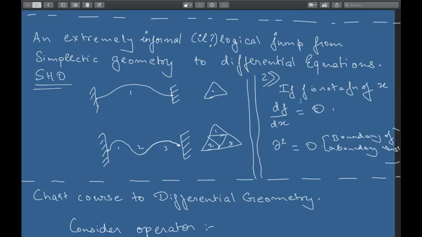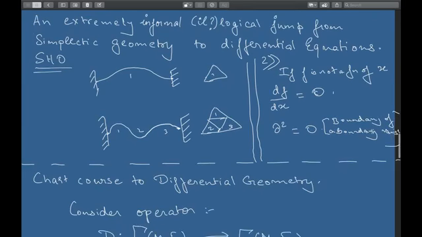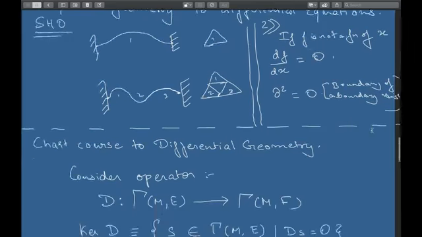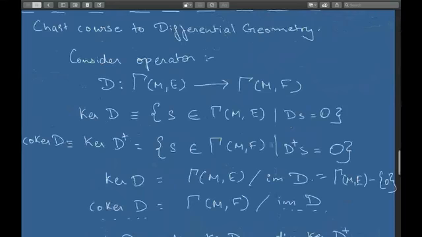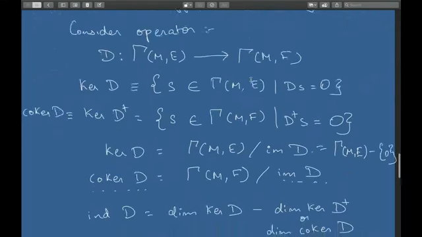If you look at these two relations, somehow constants in calculus are related to the second differential or the boundaries in topology or simplex geometry.